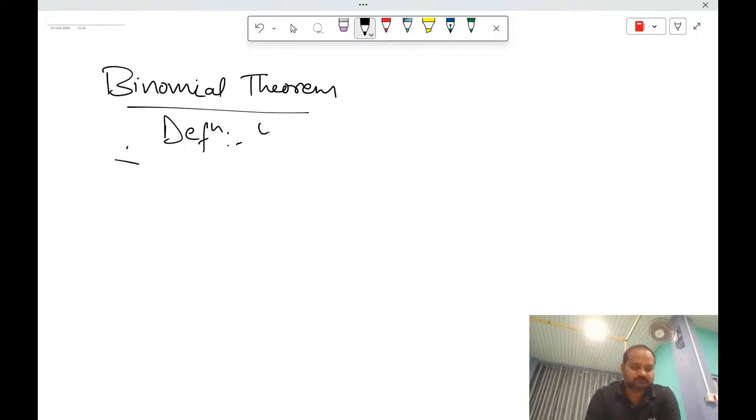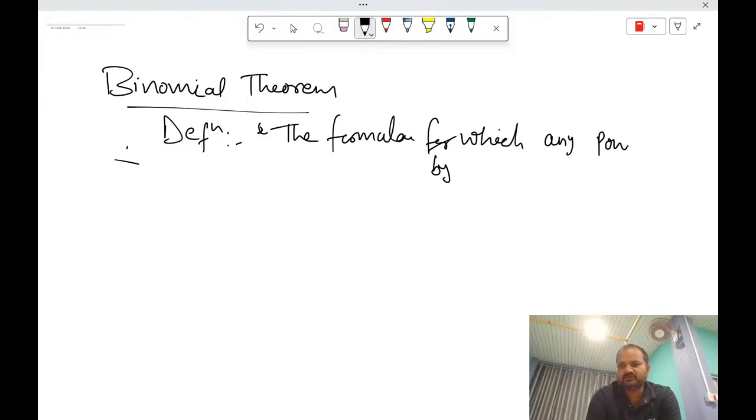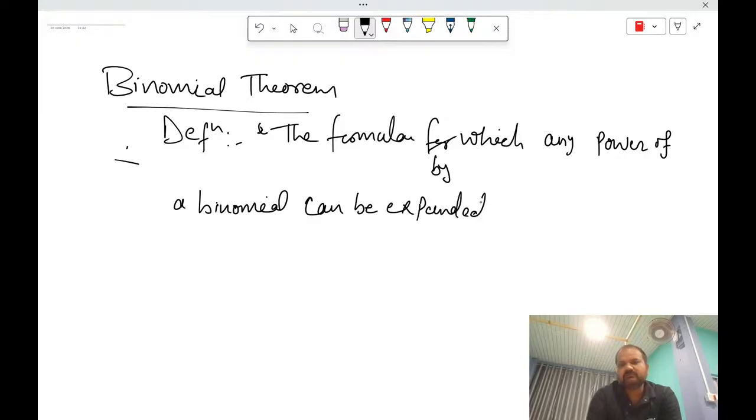It is the formula by which any power of a binomial can be expanded in a series, that is called the binomial theorem.